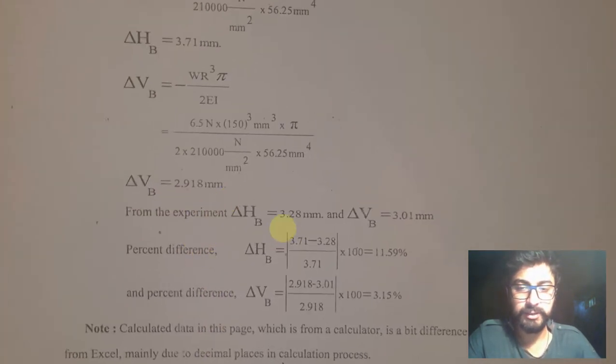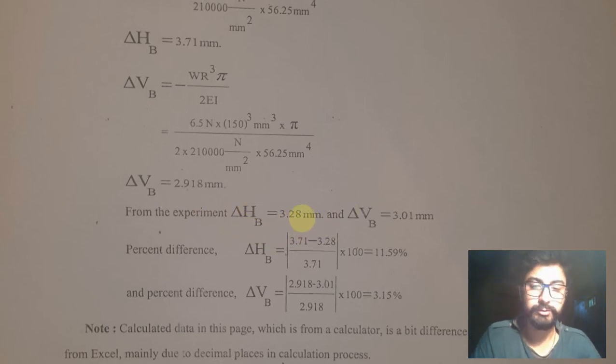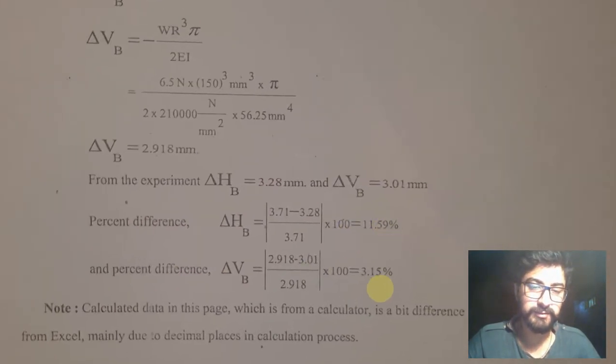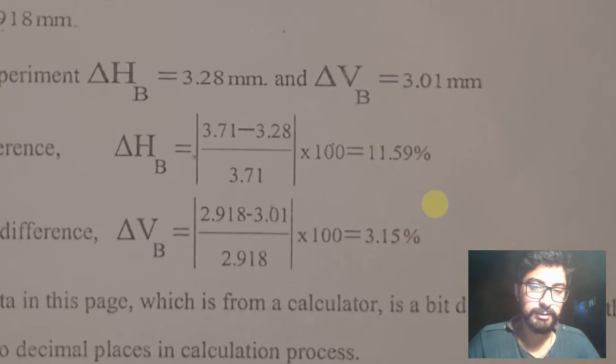From the experiment, we have the experimental value as 3.28 mm and vertical as 3.01 mm. Their percentage differences come out to be 11.59 and 3.15. So this value is way more agreeable than this one.